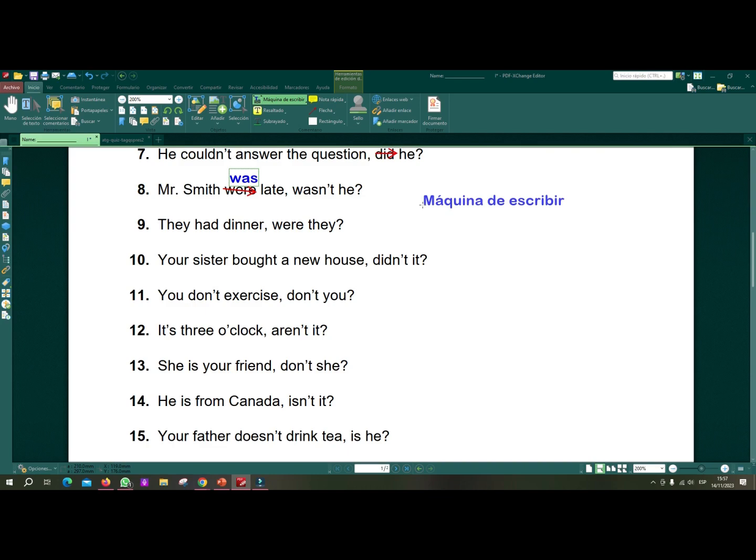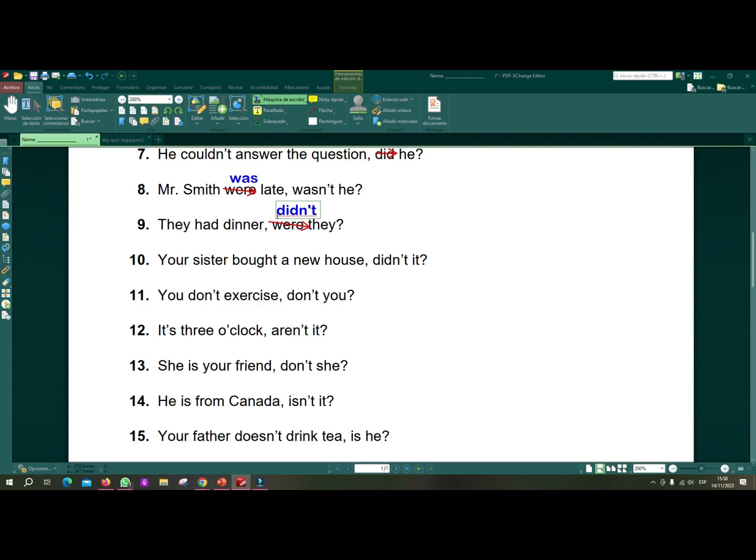Hadn't they? Hadn't they? Okay, in that case, right, you need to use didn't, because this is simple past, right? So, in this case, they had dinner, didn't they? Right? Didn't they? That will be that one.